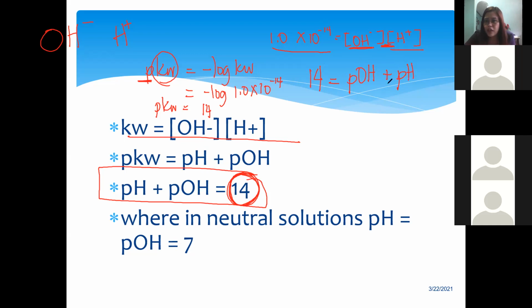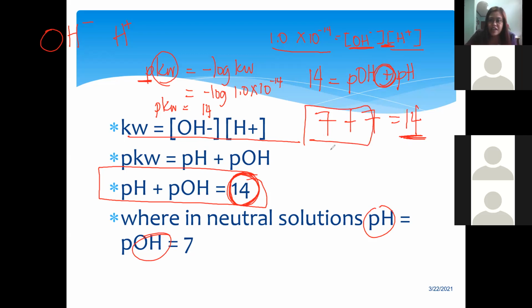Pero this one is plus na, hindi na multiplication. So in neutral solutions, the pH and the pOH is the same. So pH is 7 and pOH is 7. This is equal to 14. Neutral na siyang solution.